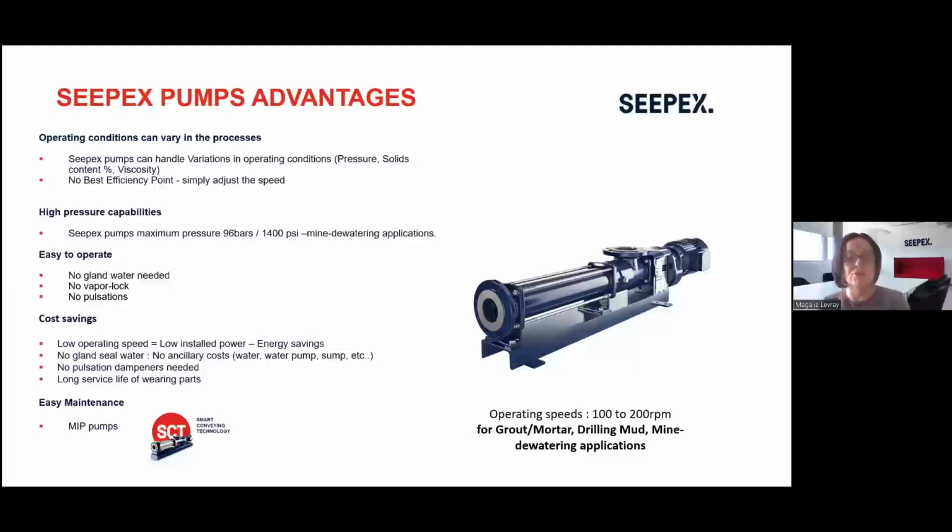In mine dewatering applications, we're going to run at low speed, and this low speed translates into energy savings and no need of seal water, and all these decrease costs tremendously for our end users. So no pulsation dampeners needed, and long service life of wearing parts.